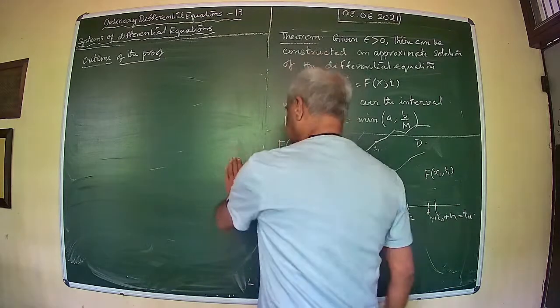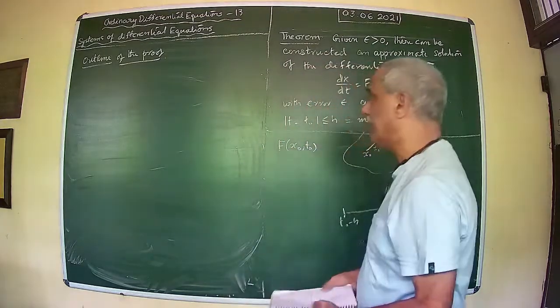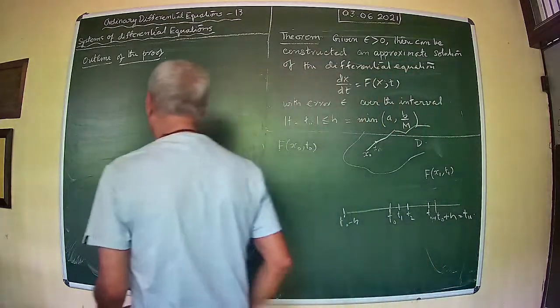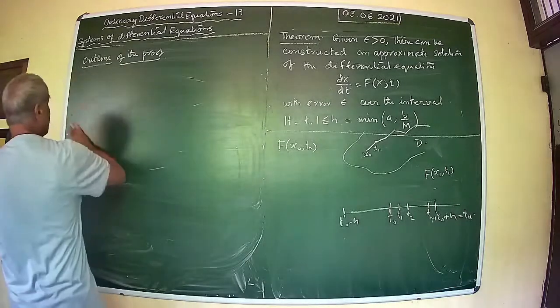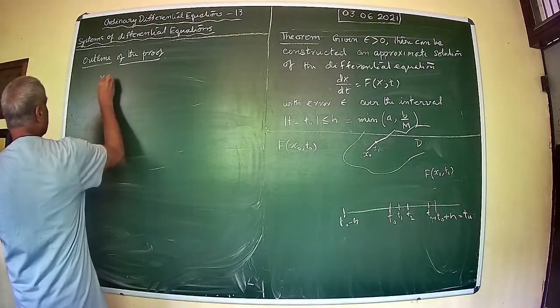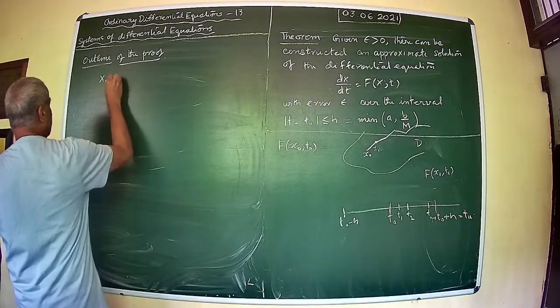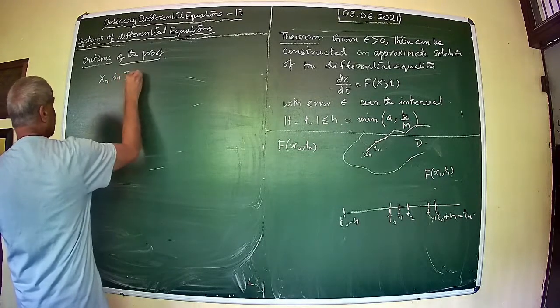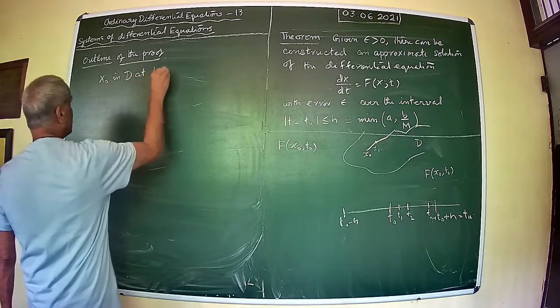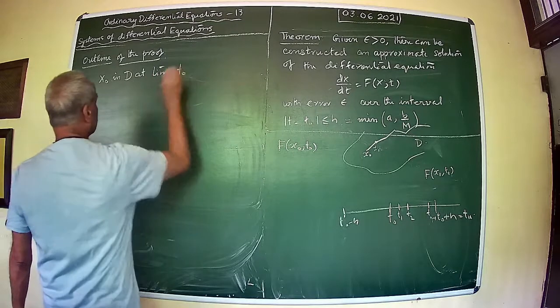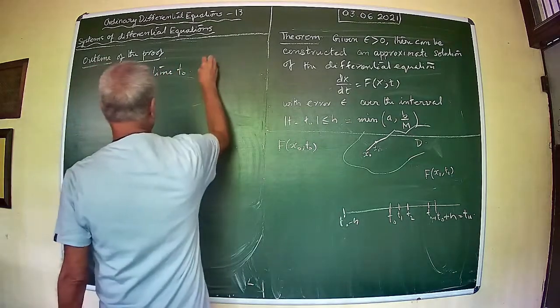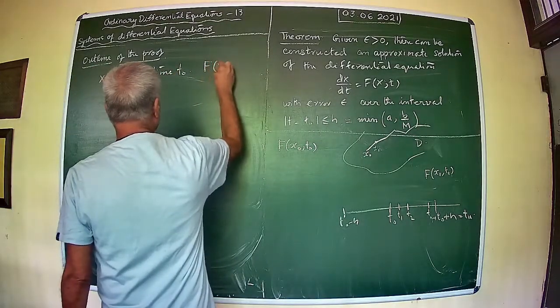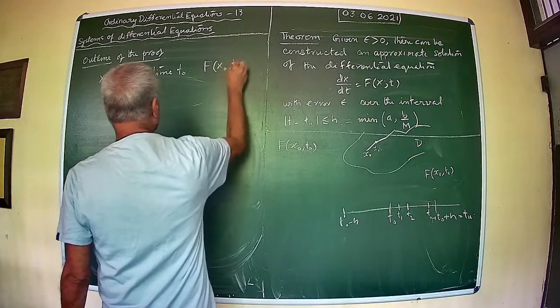So we begin with the point x naught in D at time t naught. Now you have the vector field f of x naught t naught.